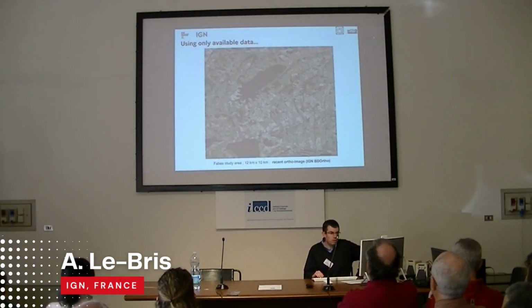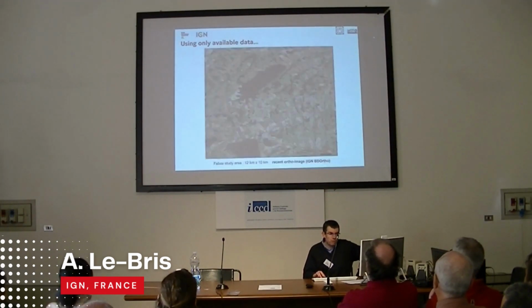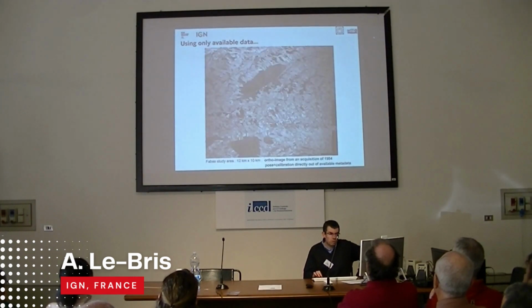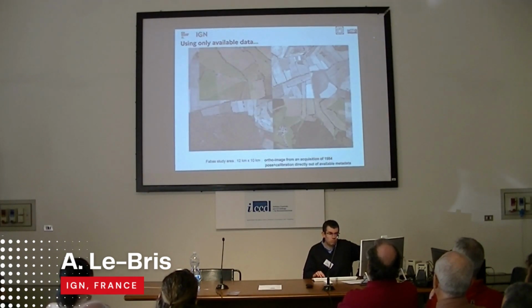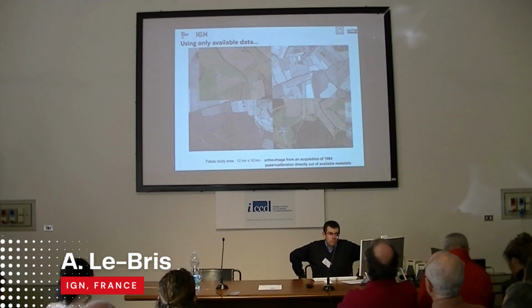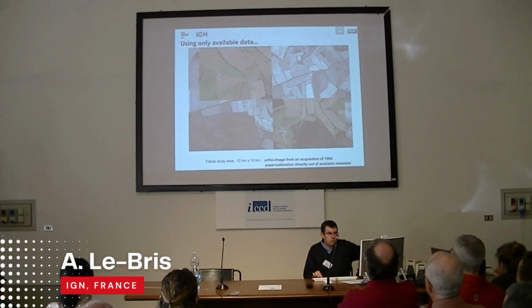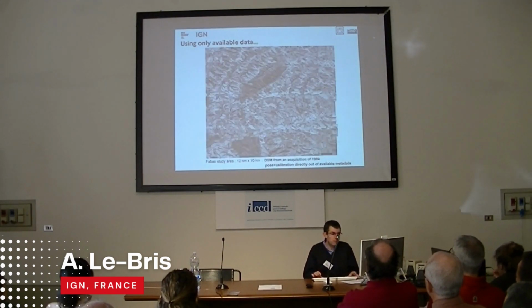When using only available metadata, we obtain this kind of result. It seems quite good, but when looking into more detail, we can see that we have some important shifts. After first experiments, we noticed that using approximate camera positions provided by metadata, we had a precision of less than 1 kilometer, which was not sufficient for next steps.